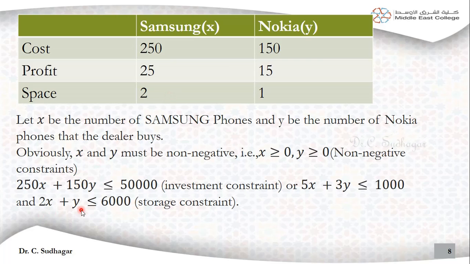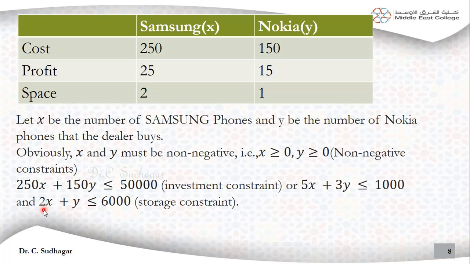For example, if you are keeping only Samsung phones, it will occupy 3,000 phones, so 2x should be less than or equal to 6,000. If you are keeping only Nokia phones, it will occupy 6,000. So the total space should be less than or equal to the maximum available space.